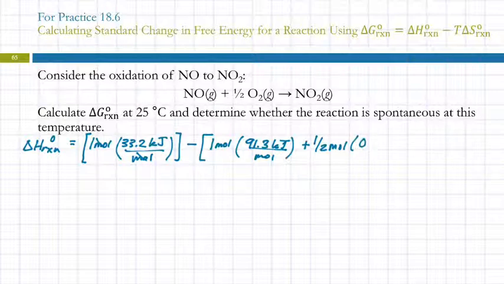So 0 kilojoules per mole. So 33.2 minus 91.3. Delta H here is minus 58.1 kilojoules. Okay with that?